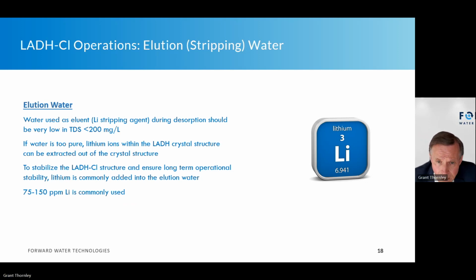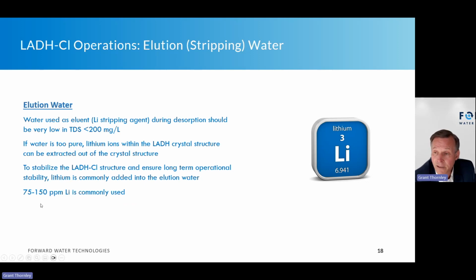The amount of lithium you want to put in the eluent water is determined through your DLE testing and evaluation, but as a rule of thumb, 75 to 150 ppm in the elution water. As simple as this sounds, there are some DLE aluminum sorbent suppliers that will say, oh no, we just run water through it and that's it. And I'm telling you, if they're just doing that, you're probably destabilizing the structure.